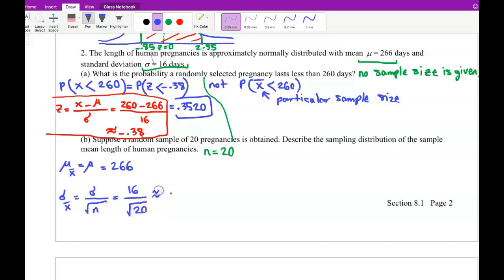Using a calculator, the answer is 3.578. On this part again, the distribution is normal, and that is because the population is normal.